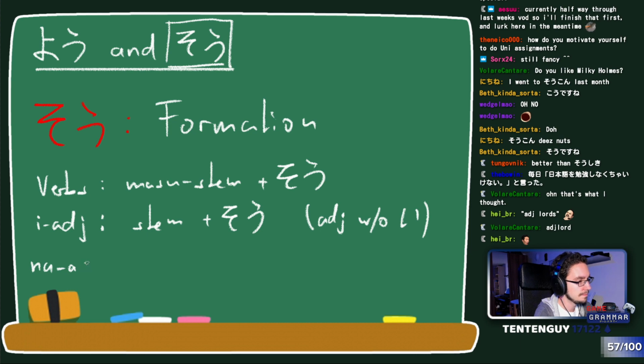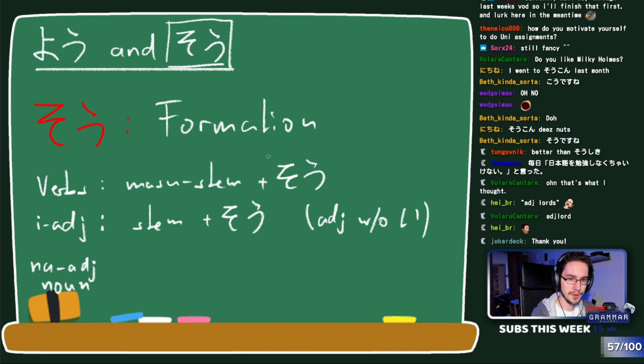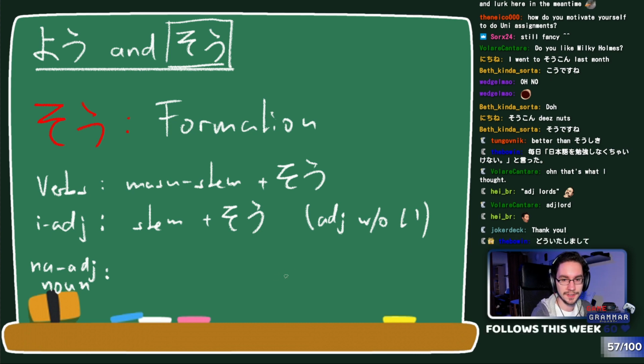So non-adjectives, like I said, in general, whenever you talk about grammar, in terms of forming grammar concepts, non-adjectives and nouns are often together, because they are very similar in terms of how they work. So we will just have the adjective slash noun, and we'll just add so.